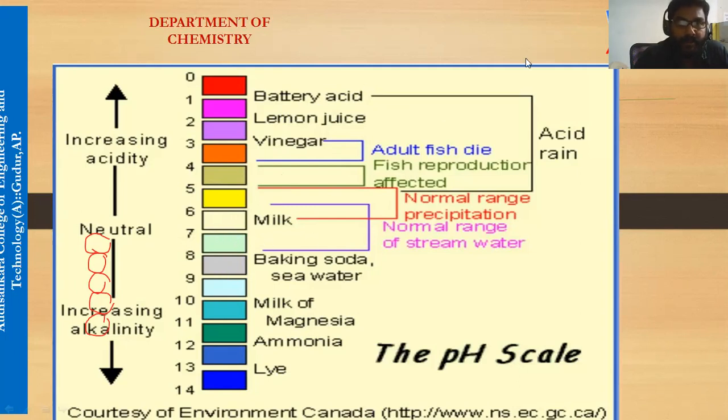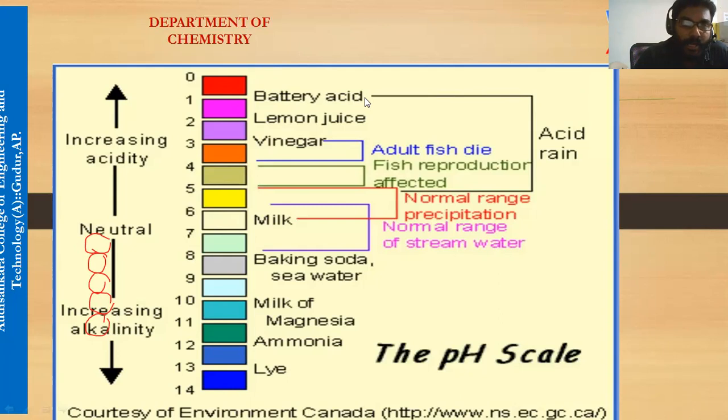This is the important thing, the pH scale. Below 7 acidity increases, and above 7 alkalinity increases, the basic nature increases. These are very important things. Okay, discussing 0, 1, 2, the more acidic nature.